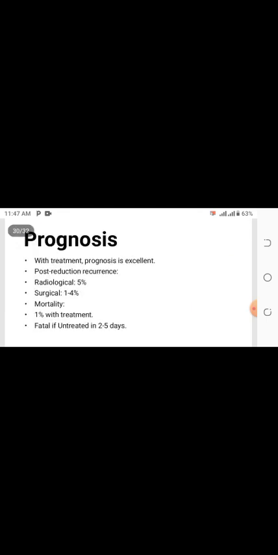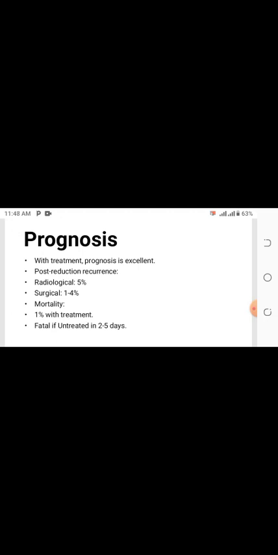So looking at the prognosis with treatment, intussusception has an excellent prognosis. The post-reduction recurrence radiologically is about 5%, and by use of surgery is about 1 to 4%.